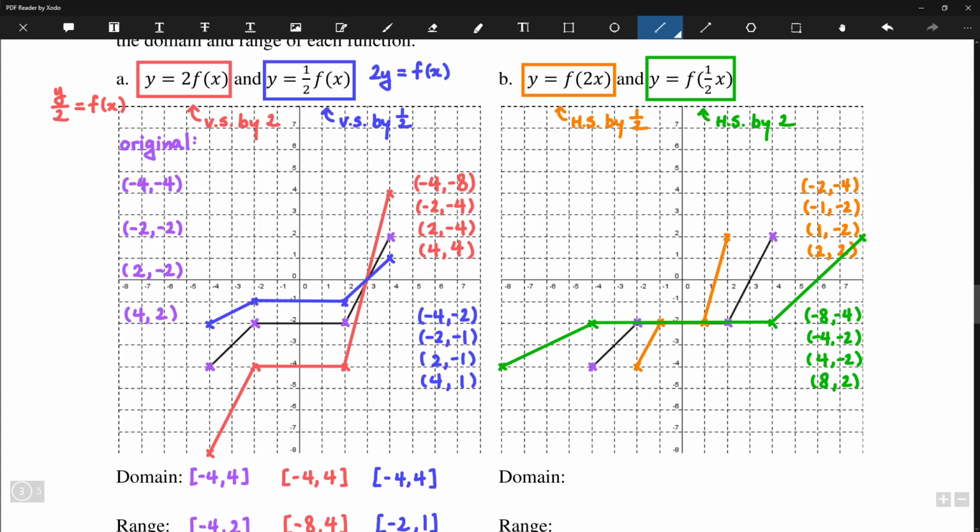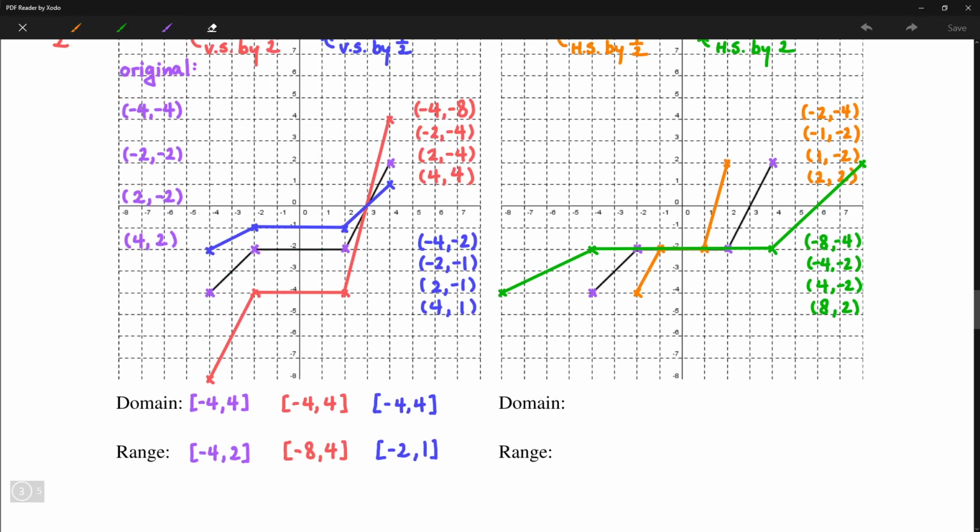In the domain and range, of course, the y values don't change. It's just the x values that do change. So the new domain for y equals f of 2x would be -2, 2.